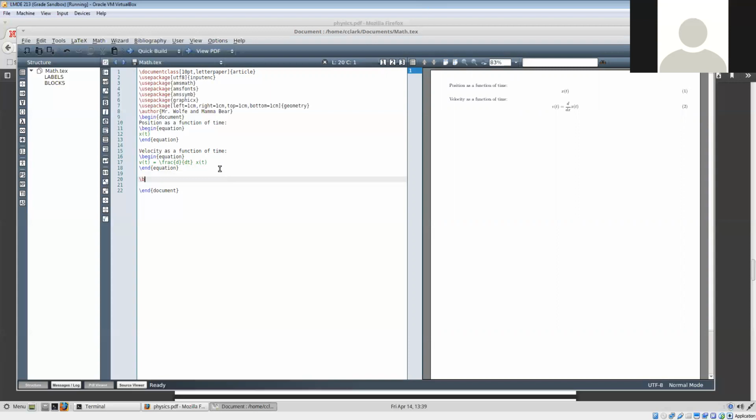All right, then let's do the acceleration. Acceleration as a function of time is going to be the derivative of v, which is equal to the second derivative of x. I'm going to do a couple of different notations here.